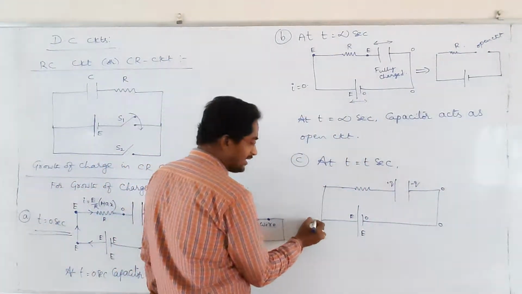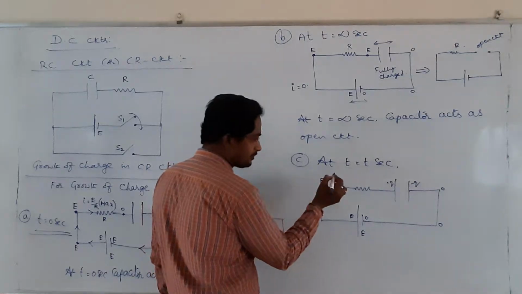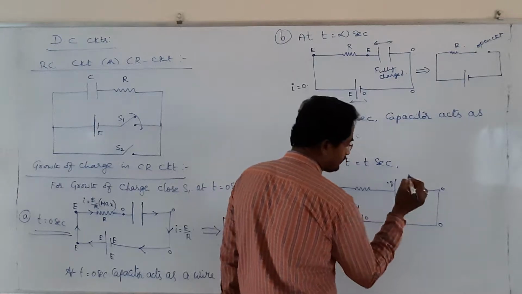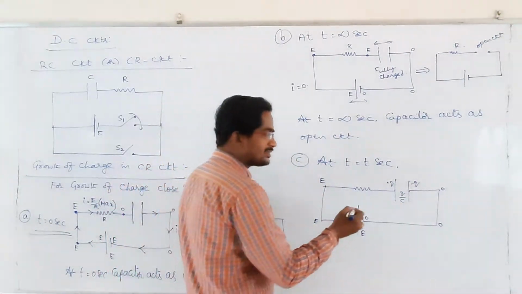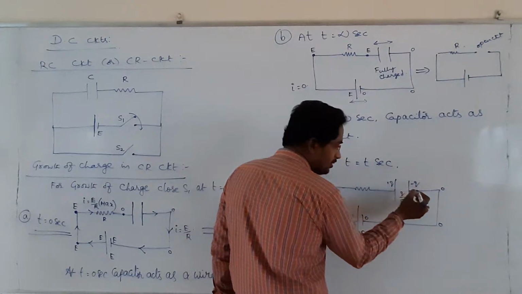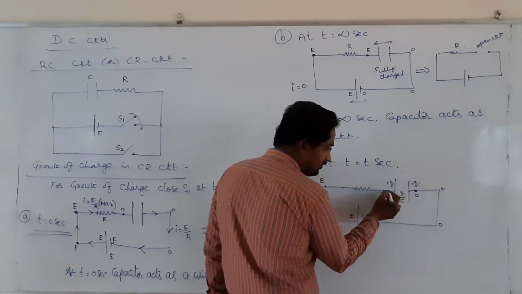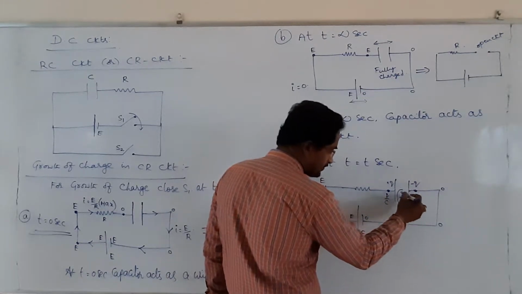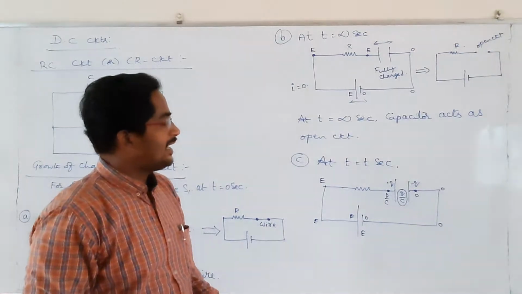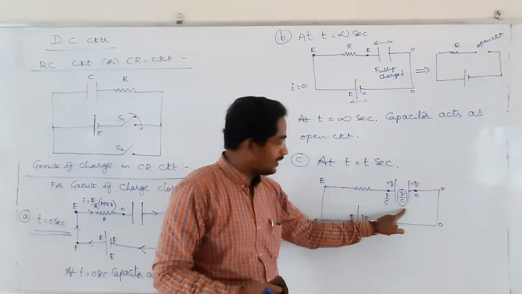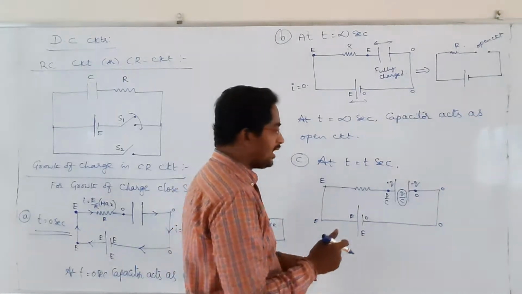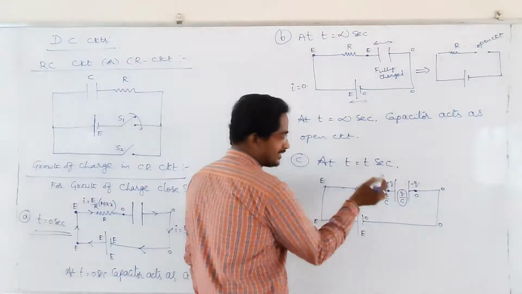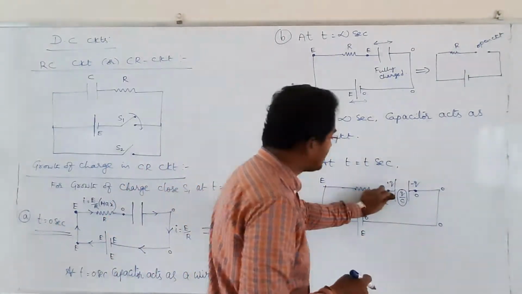And here the potential is E, and here also E. The potential drop across the capacitor is Q by C. That means if the potential of this plate is 0, then the potential of this one is Q by C. So the potential difference between these two plates is Q by C.